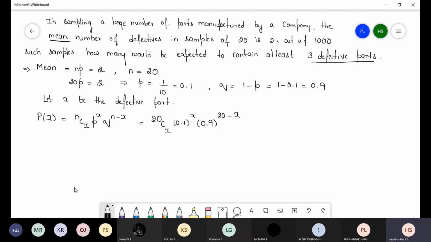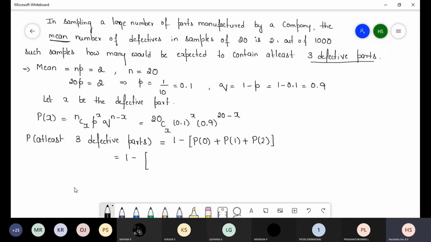So at least 3 defective parts means P of at least 3 defective parts is equal to 1 minus, P of 0 plus P of 1 plus P of 2. This is the formula for at least.